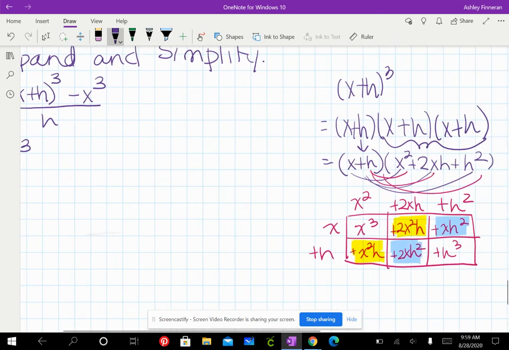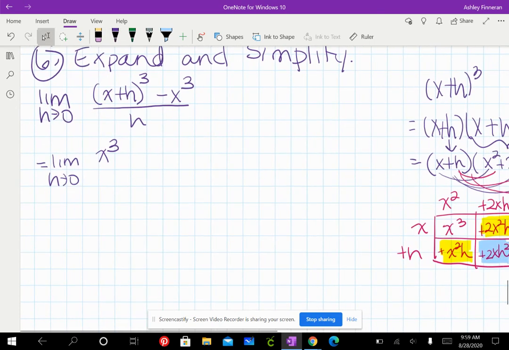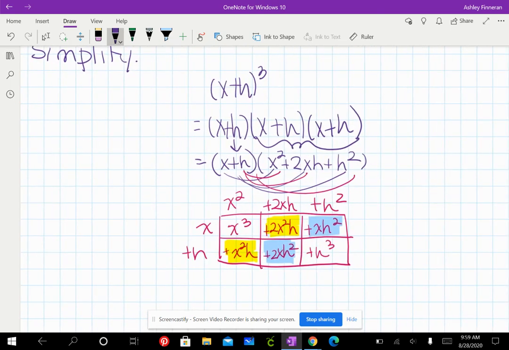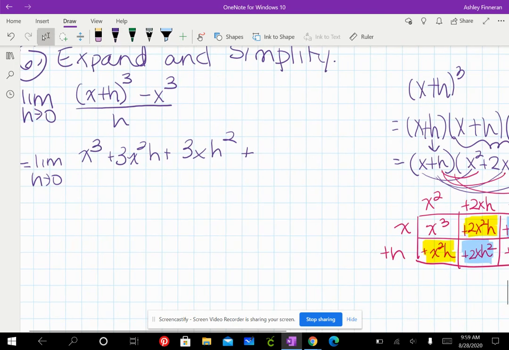So coming back to the problem, we now have the limit as h goes to 0 of x cubed, and then 2x squared h and x squared h is 3x squared h, plus xh squared plus 2xh squared gives me 3xh squared, and then plus h cubed, minus x cubed, all over h.